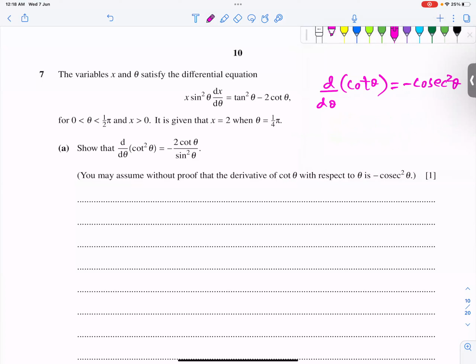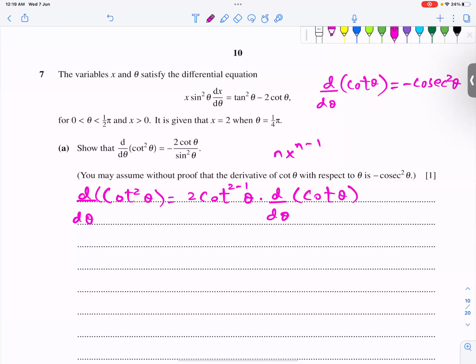So if you find the derivative of cot square theta, you will simply apply the power rule. You will bring 2 to the front and then apply n x to the n minus 1. So 2 cot to the power 2 minus 1 theta times the derivative of the inner function, which is cotangent theta.